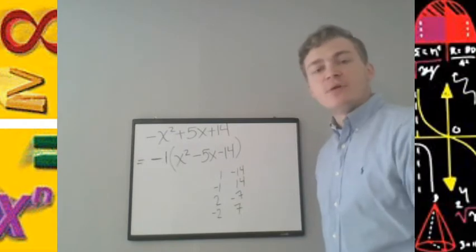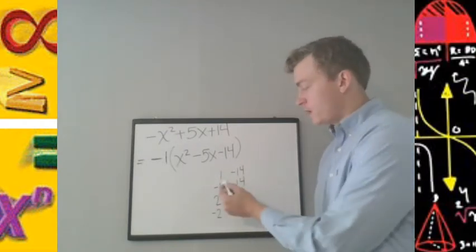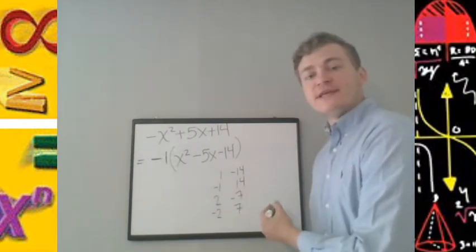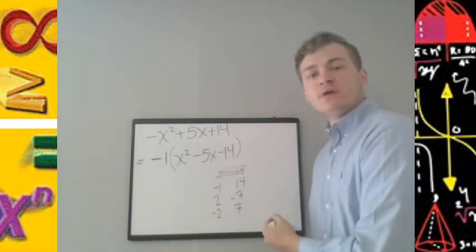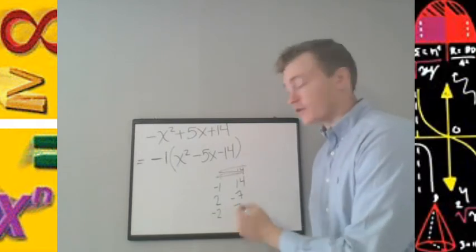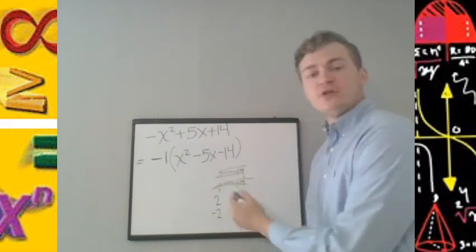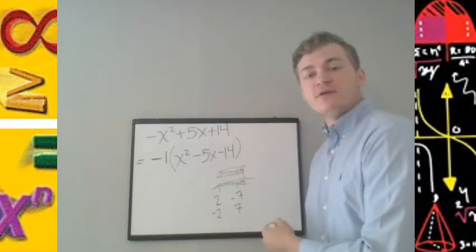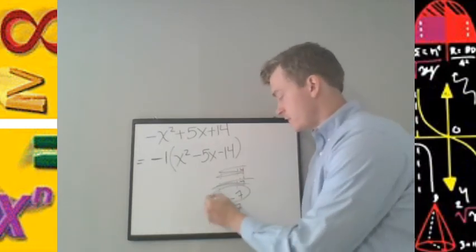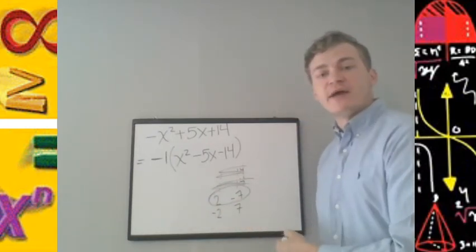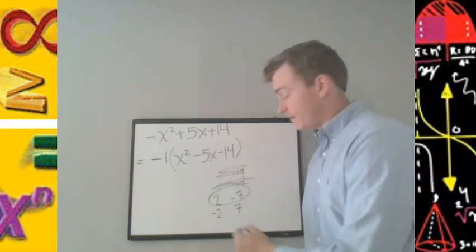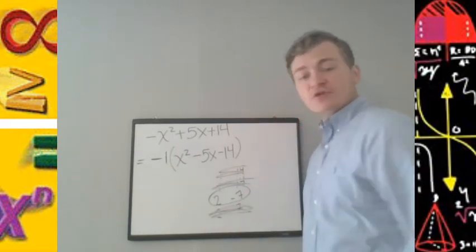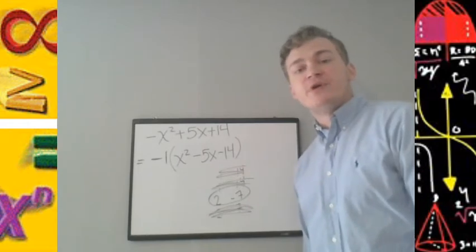Now, which of these will combine to give us -5? 1 combined with -14 is -13. -1 combined with 14 is +13. 2 combined with -7 is -5. And just to show you that this will be the only pairing that will work, -2 combined with 7 is +5. So those are the two integers we want to work with, 2 and -7.